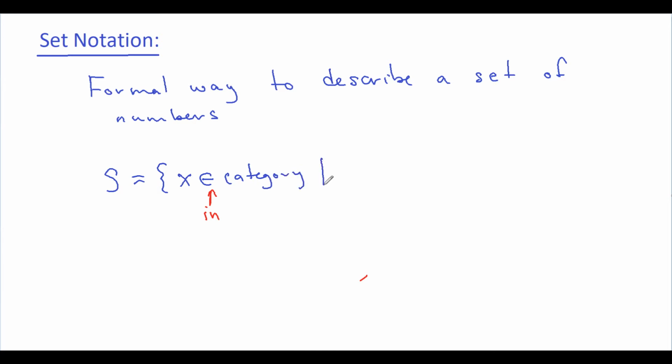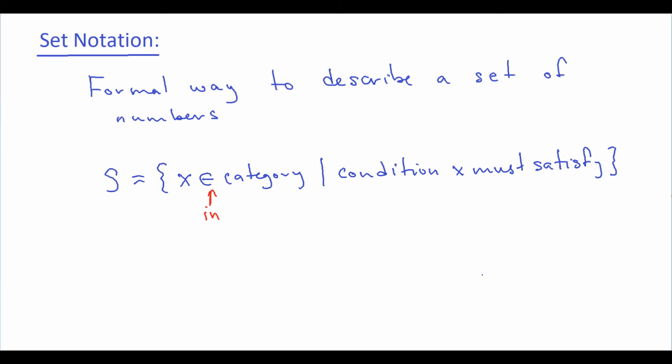I have a vertical bar, and then followed by that, I have some condition that X has to satisfy. And then I end my definition of my set S with a curly bracket. So once again, a little bit of description of what some of these symbols mean.